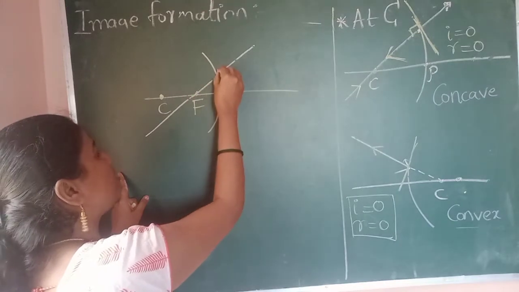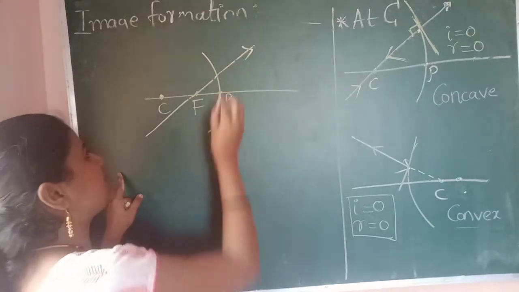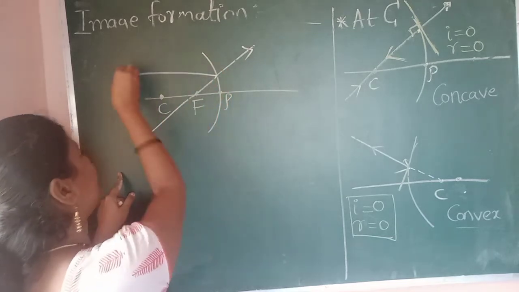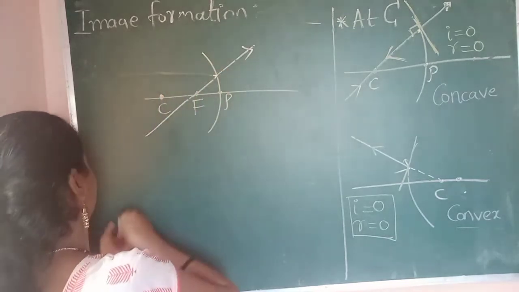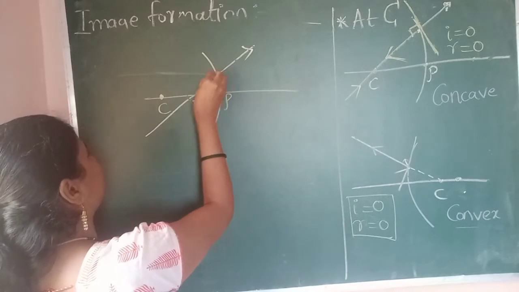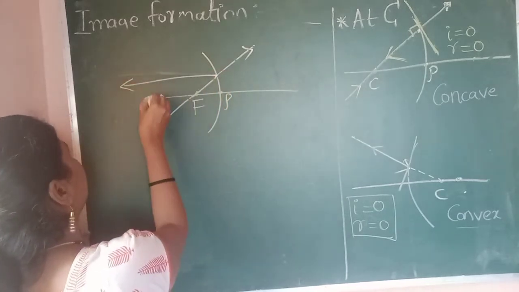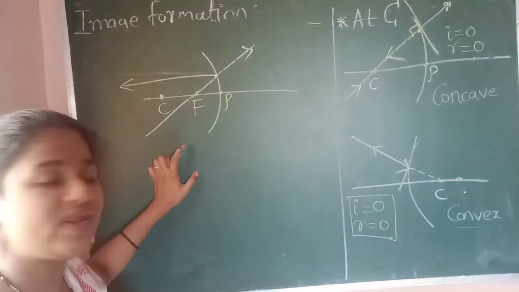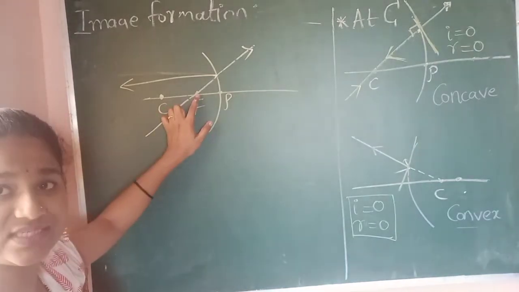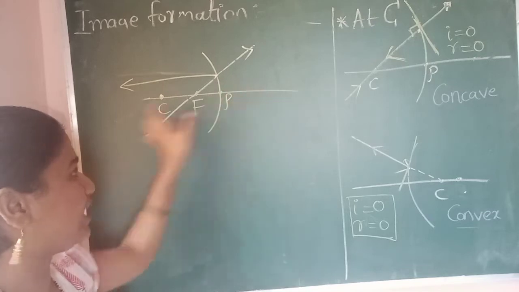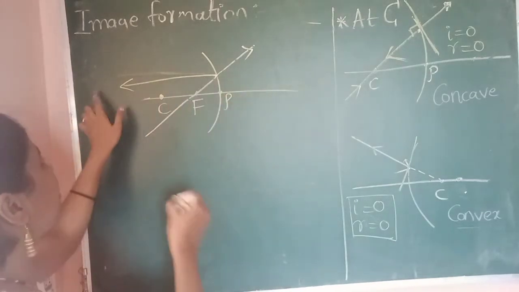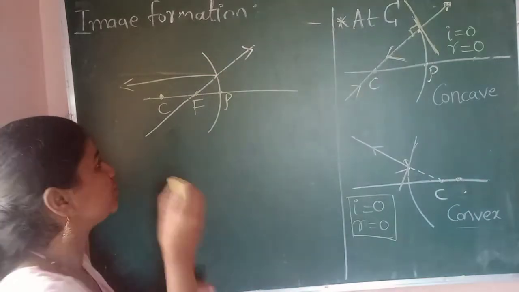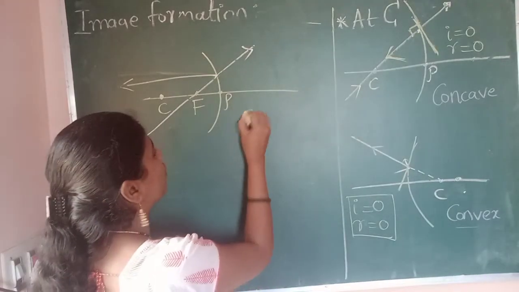Now it is passing on a focus point. This is a ray of incident. Then the reflected ray will be parallel. It will be parallel to the principal axis. Whenever a ray of light passes through the focus of the principal axis, the reflected ray will be parallel to the principal axis of the mirror. So this is in case of concave mirror.